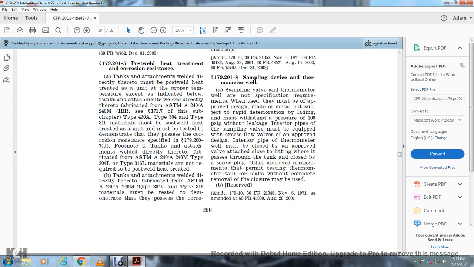Tanks and attachments welded directly thereto and fabricated with ASTM A240/A240M Type 304L and Type 316L materials are not required to be post-weld heat treated.